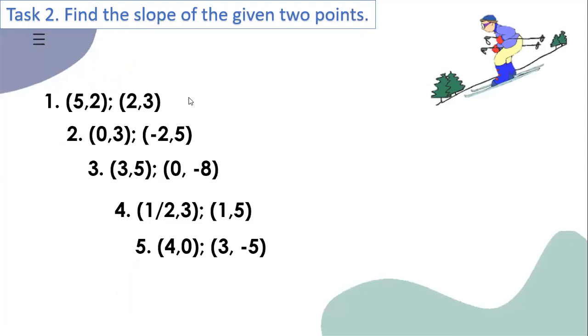All right. So now for our second task, we'll be recalling about the slope of a line. So paano ba tayo kumukuha ng slope? So we have here 2 points and gagamitin natin yung dalawang point na given na yon. So meron tayong dalawang coordinate and then we'll be using that to get the slope of that line.